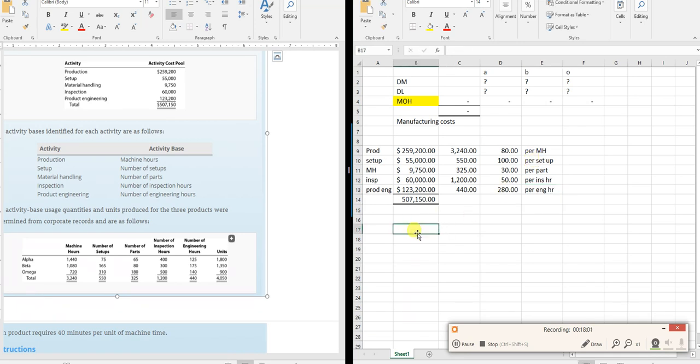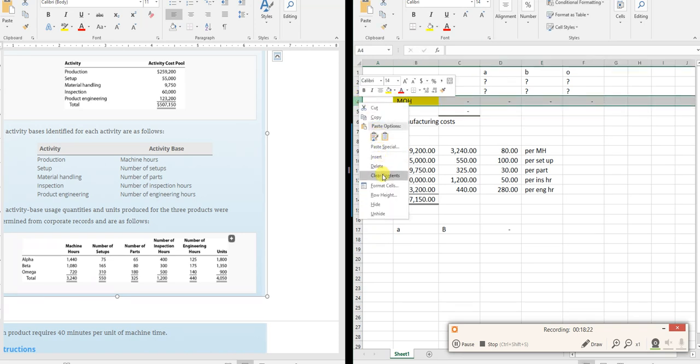Okay, so now I have my 3 products: alpha, beta, and omega, and I have my direct materials. Actually, I'm going to just do them up here. I have my direct materials, which I don't know, my direct labor, which I don't know, and now instead of 1 overhead, I have 5.